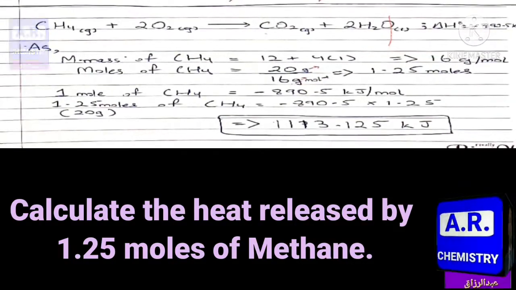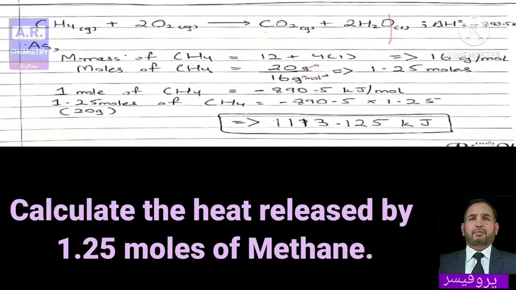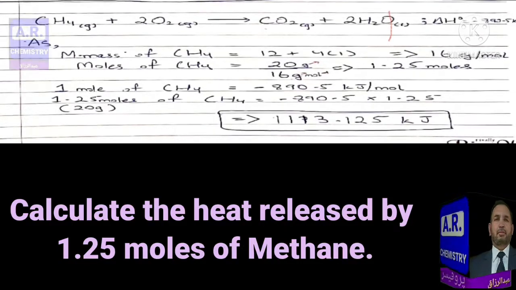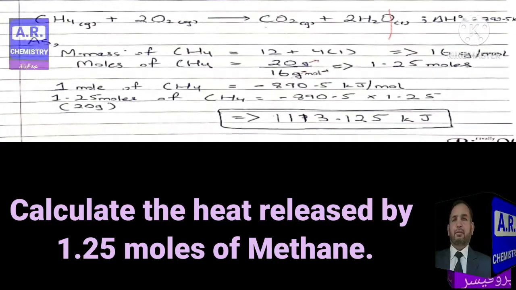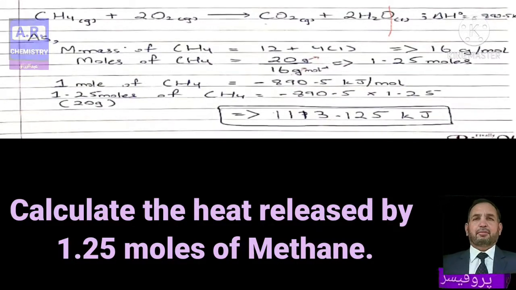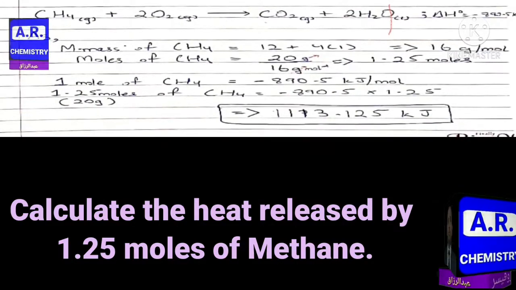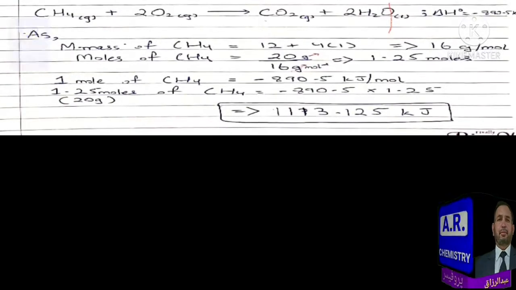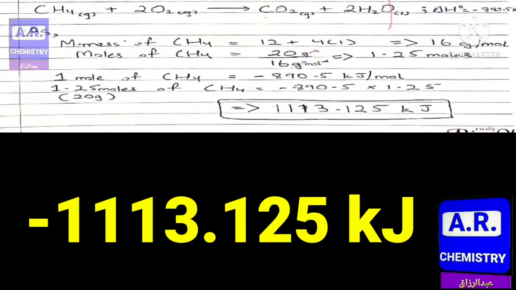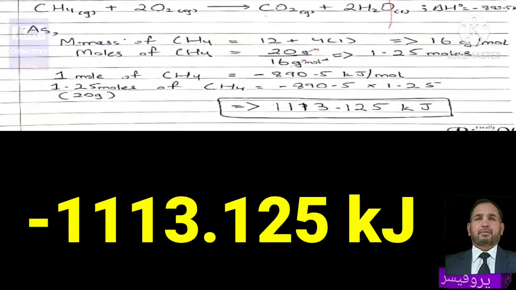So that is the answer of the question, that when you burn 20 grams of methane you get 1113.125 kilojoules. Here you are to place a negative sign with the 1113.125 kilojoules, because the reaction is exothermic.